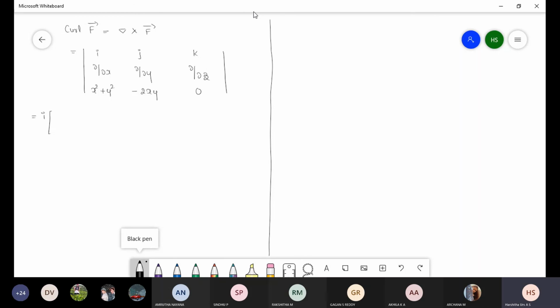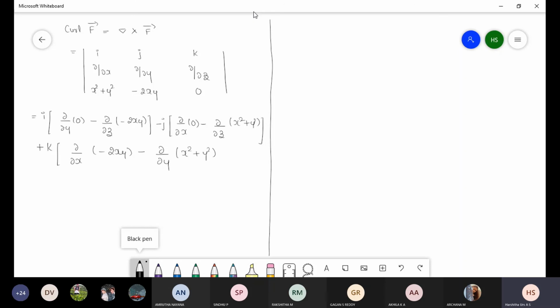I into dou by dou y of 0 minus dou by dou z of minus 2xy, minus j dou by dou x of 0 minus dou by dou z of x square plus y square, plus k dou by dou x of minus 2xy minus dou by dou y of x square plus y square.